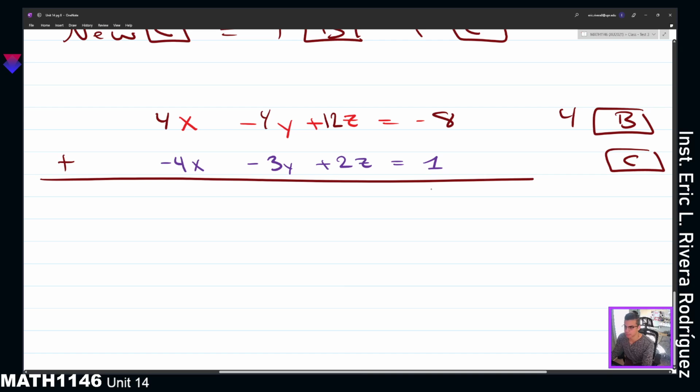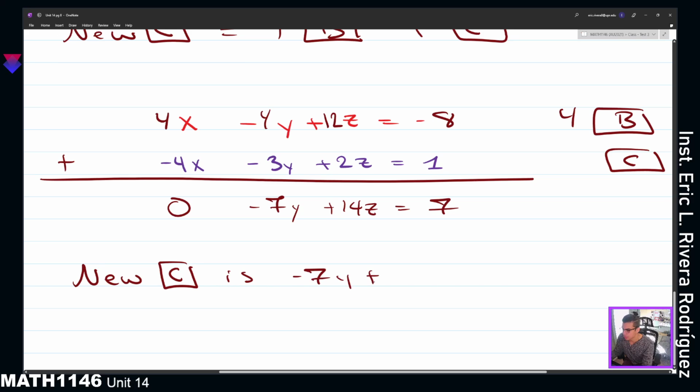Okay, when you multiply B by 4, that's what you got. So the x term gets cancelled. -7y plus 14z equals 7. So new C is -7y plus 14z equals 7.